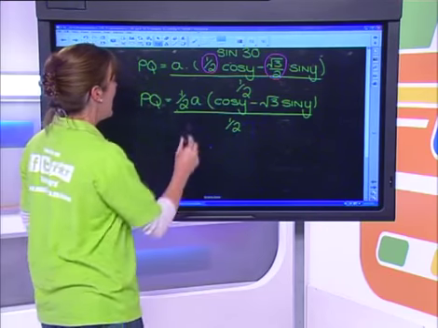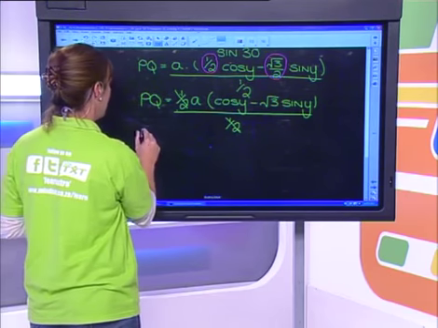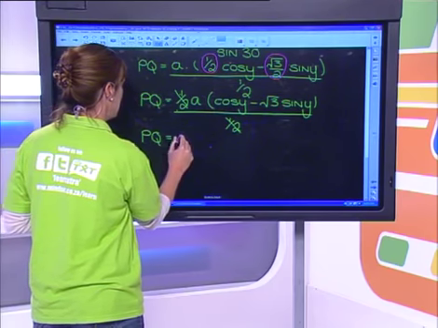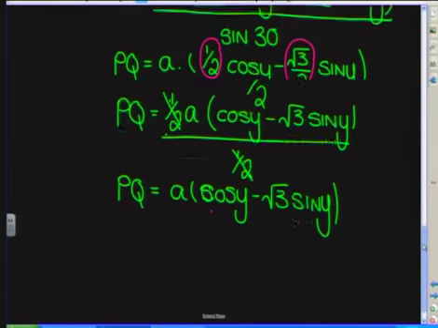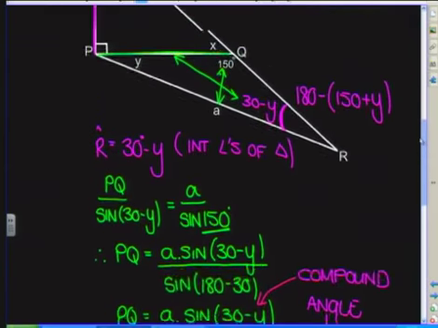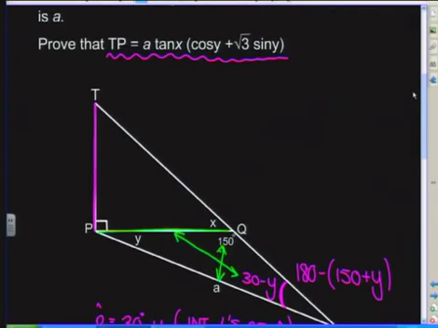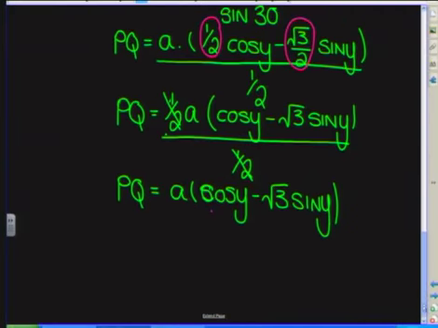And those cancel. So the distance from P to Q that we are now sitting with is a multiplied by cos y minus root 3 sine y. Let's do a check for a second. Let's see how close we are to what they want from us. They wanted us to have a tan x. We've got the a, we wanted that. We wanted a cos y, and we wanted a root 3 sine y. So do you guys agree? In fact, all we're missing over here is that tan.